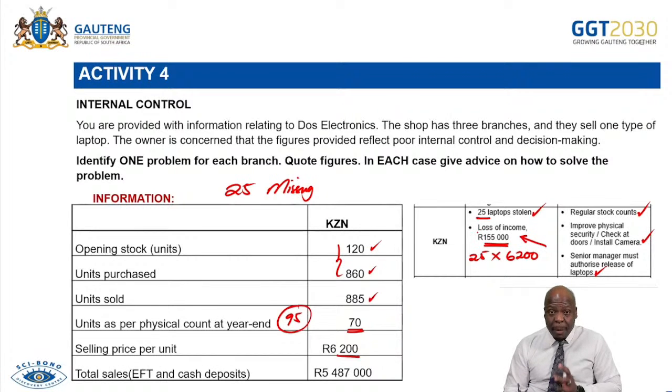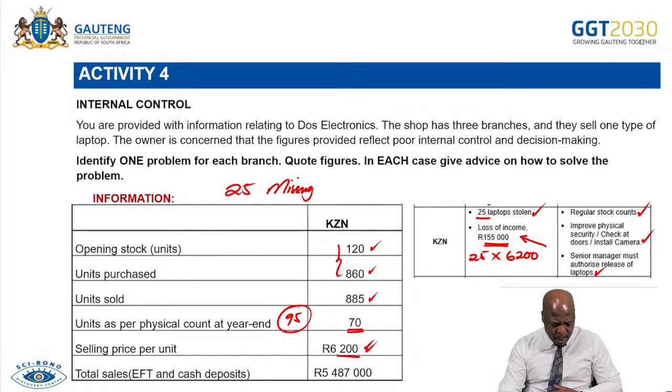If we had sold those 25 laptops, we would have received 155,000 rands. So that is our loss of income.